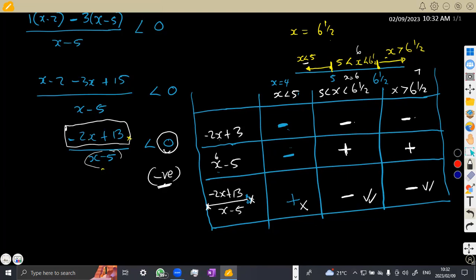So our answer is going to lie where it corresponds with the sign which is less than. And we saw that it corresponds with the sign at this point where we've got negative 1. And this is taken from these values of x, where we saw that our x was greater than 5, less than 6.5. Also, our x here, which is a negative, is from x greater than 6.5.